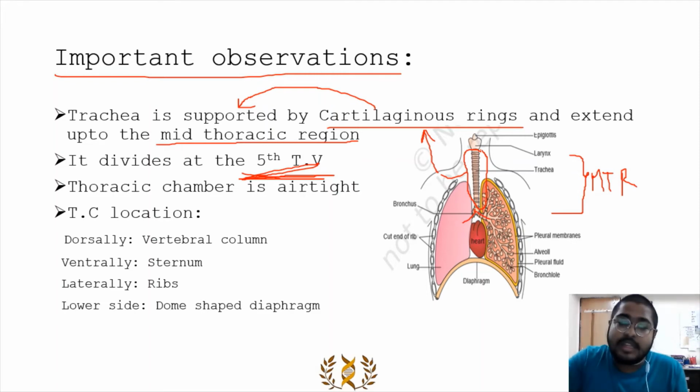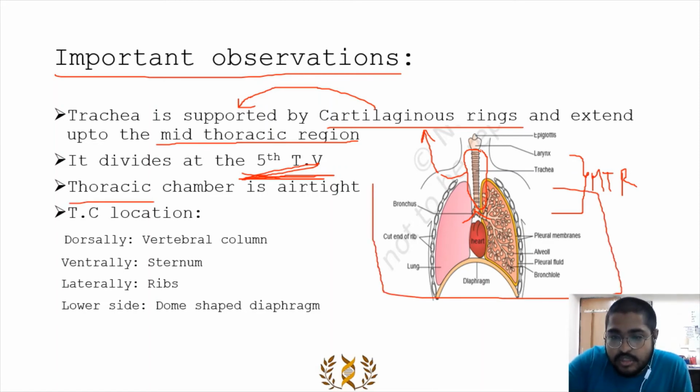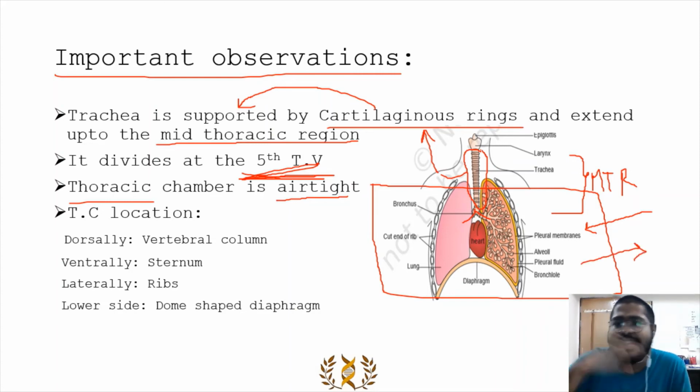Important point. The next thing is that the whole thoracic chamber, this whole structure, is said to be an airtight structure, which means that no air can enter it and no air from that structure goes outside. You can see airtight structures in an aeroplane.